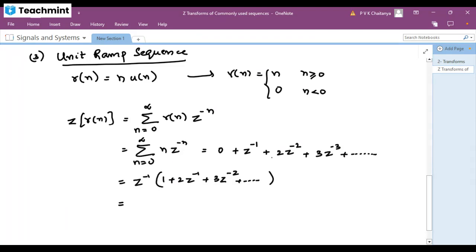This is Z inverse into the series 1 plus 2 Z inverse plus 3 Z power minus 2 plus so on, which, as you already know, is 1 by 1 minus Z inverse whole square. So I can write this as Z by Z minus 1 whole square.